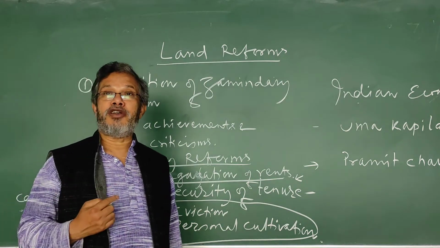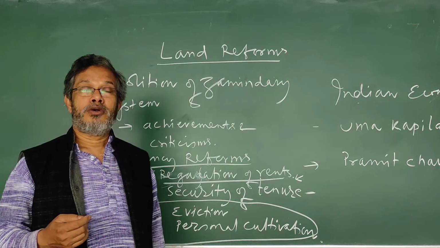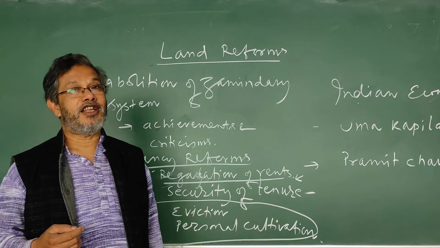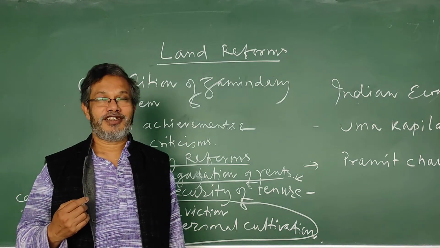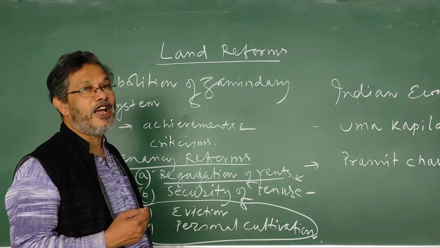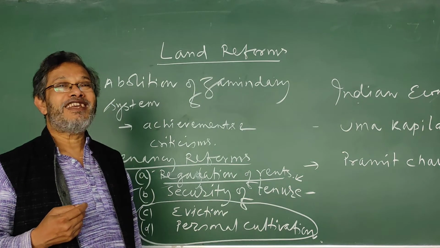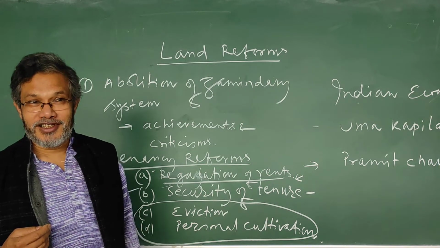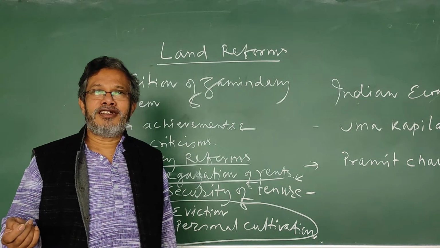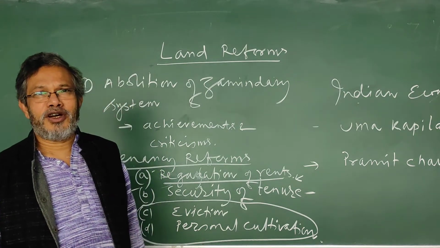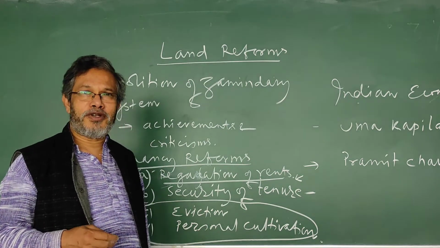This kind of insecurity leads to a very unfavorable condition for the tenant, and the tenant cannot take interest to improve the land or to invest in the land to increase the quality or fertility of the soil. They won't take interest because tenants know that next year they may not get the land for cultivation. Why should they take interest in improvement of the soil or the property?